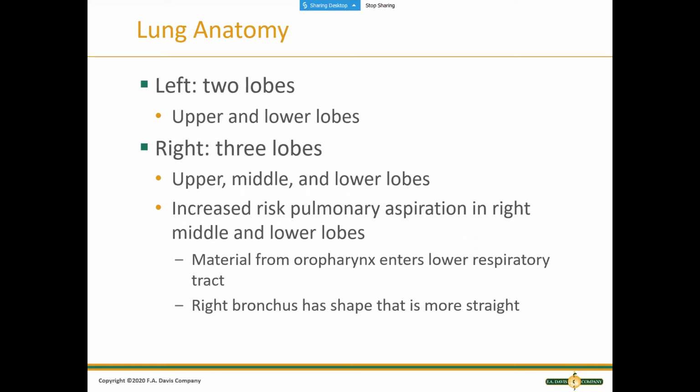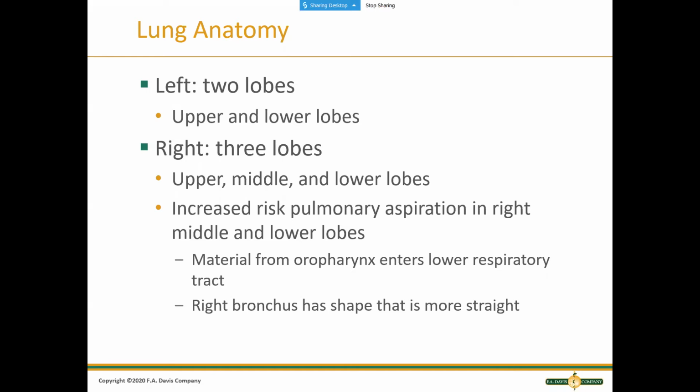You have a stroke, and often it affects your swallowing ability. And if you're eating your scrambled eggs for breakfast, there's a chance it could go right down into your right upper lobe because it's a straight shot.